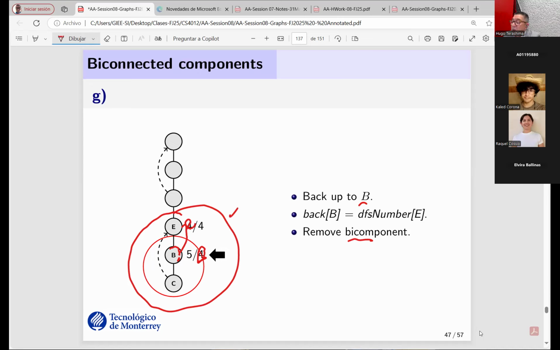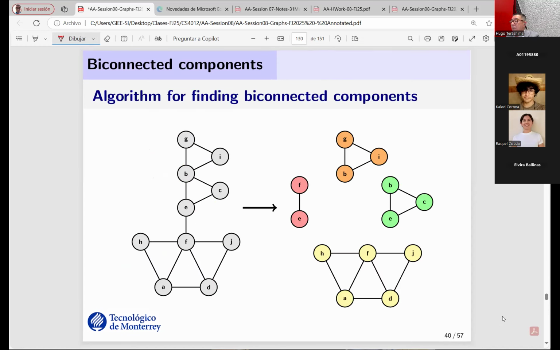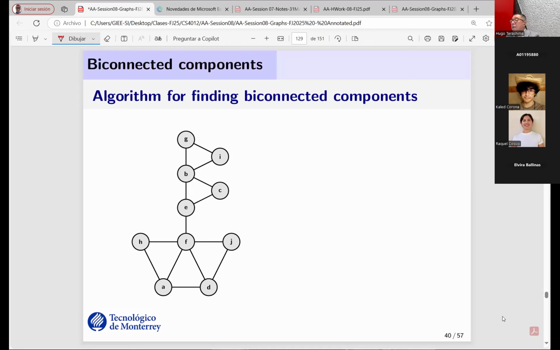So, and you are going to go back, right? And you're going to find the remaining biconnected components there, right? In the same way. So you're going to find all these components in here.